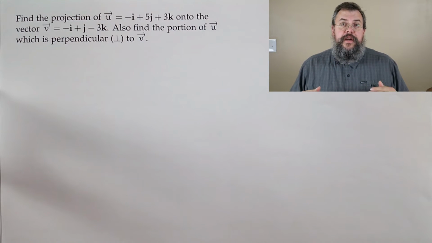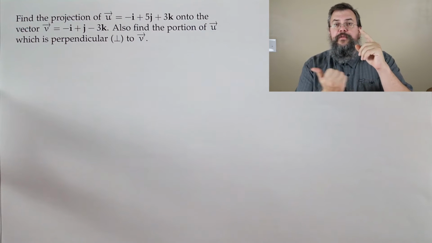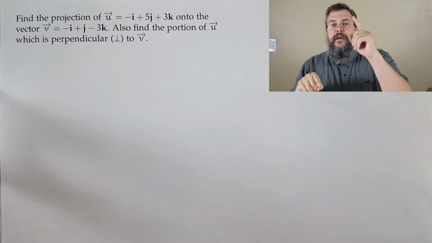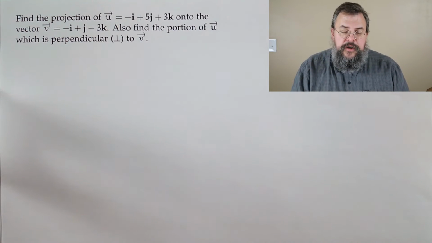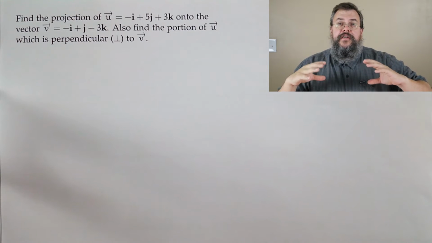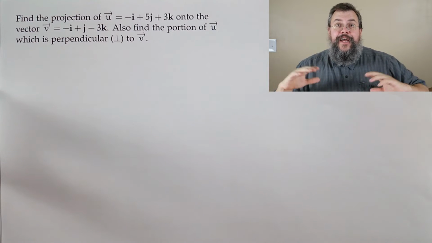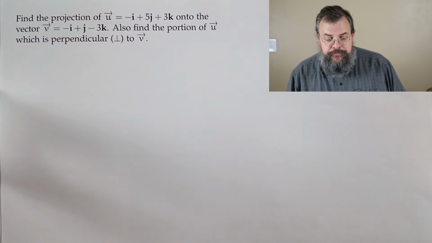So in other words, what we're doing is we're going to break our vector u, which points in some direction, and here's our vector v, which points in some direction. We're going to say, well, u is a little bit of v and something perpendicular to v. Okay, so that's what we're after. Really, once you have a projection, it's easy to find the perpendicular part. It sort of says, what's left? Take out the perpendicular part, whatever's left over, that's the part that you're looking for.